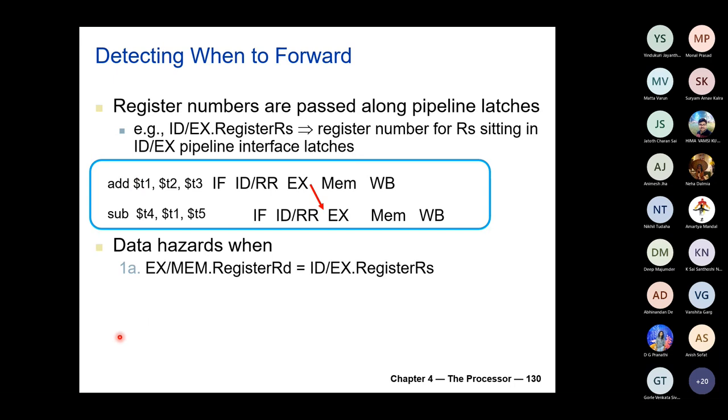All we need is a comparator. We need to access this information from these two consecutive interface latches, the preceding one and the successor one. We just tap out the bits which correspond to the ID of these registers and make a comparison.